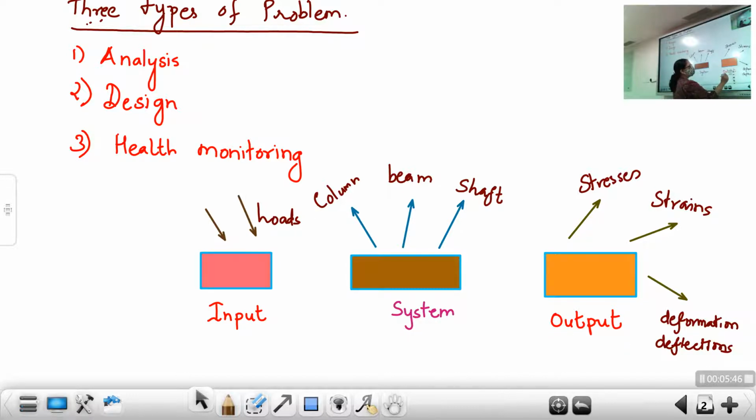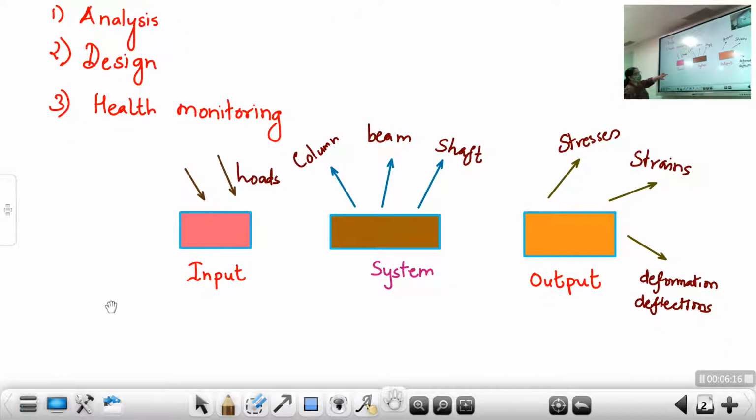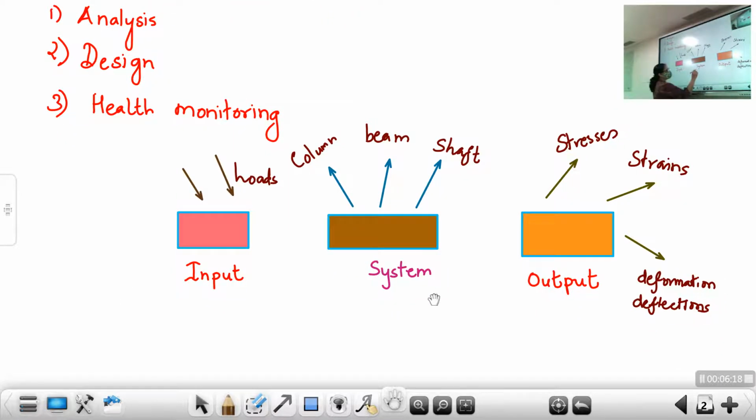The outputs that would come out of the system could be stresses, strains, deformations, deflections, etc. So when we know this input, system and output, now let us see what you mean by analysis problem. In analysis problem, please listen carefully, the system is given to you.